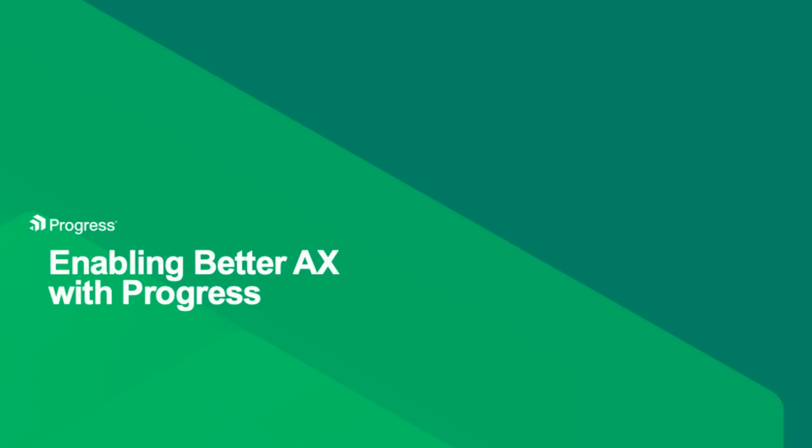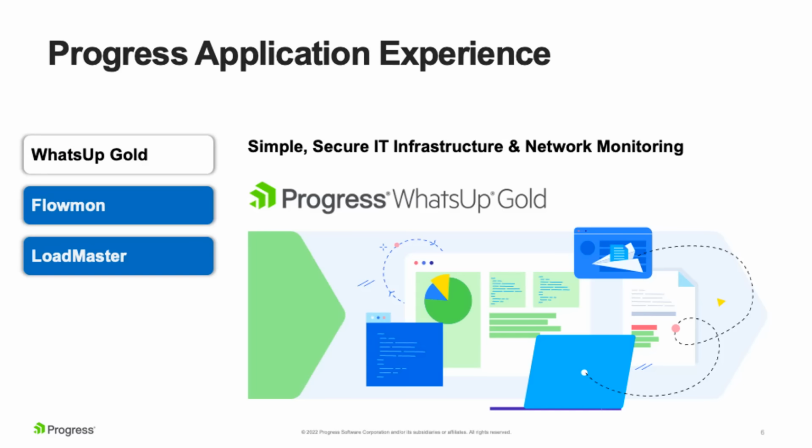So we'll have a quick look now at some of the products that Progress has in this area for delivering a better experience. We have WhatsUp Gold, which has been the cornerstone of IT infrastructure monitoring for quite a long time now, with thousands of customers.